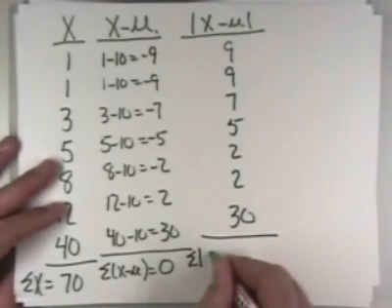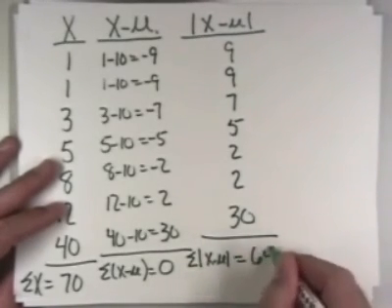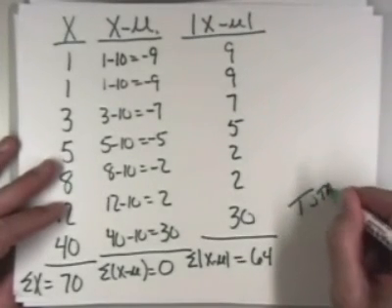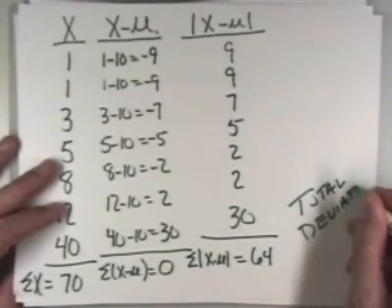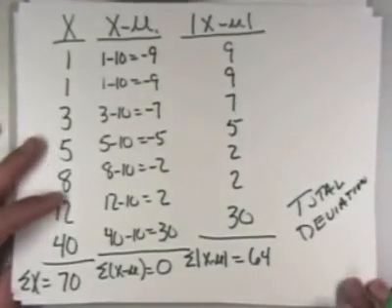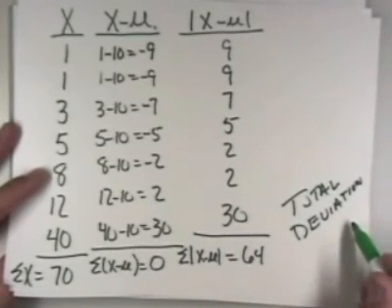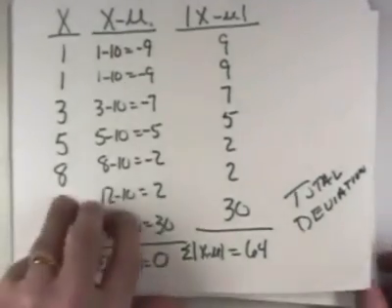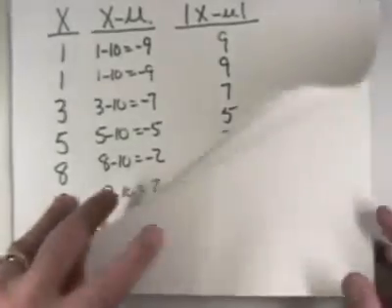Now I add this up, and this will add up to 64. Now this is called the total deviation. And in statistics, it's very important to recognize that the words from the mean are always implied. So this is the total deviation from the mean. It was 64 units from the mean.